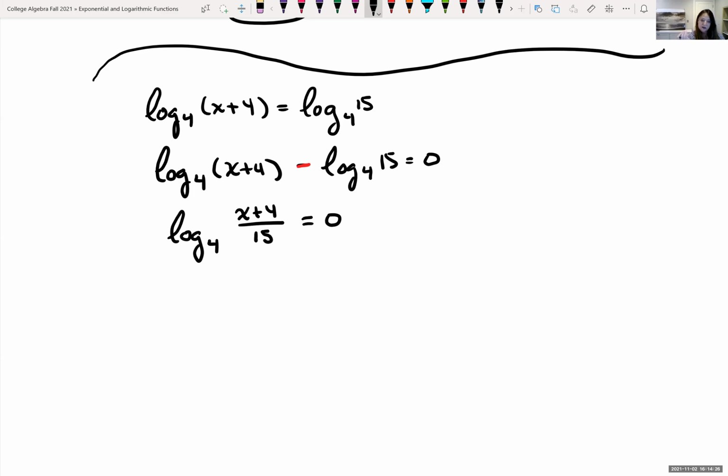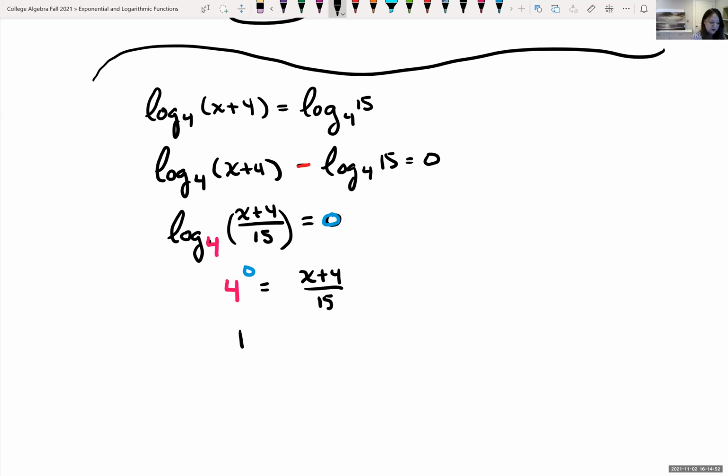Once you get it as a single log equals a number, we can rewrite this in exponential form. So exponential form says my base of my log is the base of my exponent. So I have 4 raised to the other side, which is 0, is equal to what we're taking the log of, which is x plus 4 over 15.